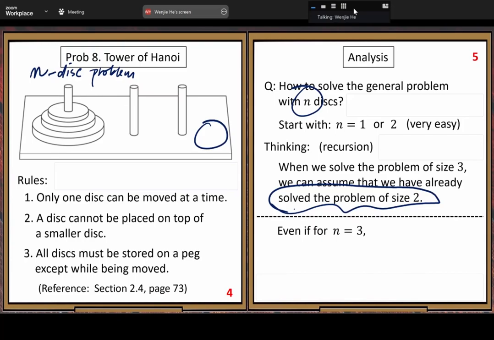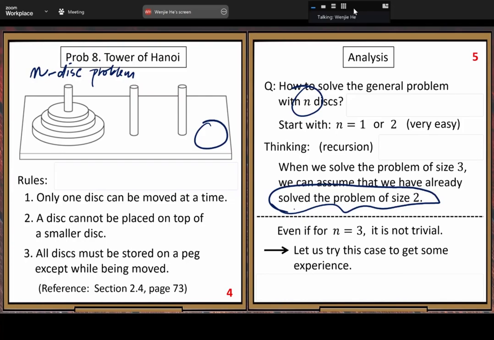Now, let's use this recursive thinking on problem size 3. It's non-trivial, so we need to do some meaningful work. So let us do our experiment explicitly from beginning to end.